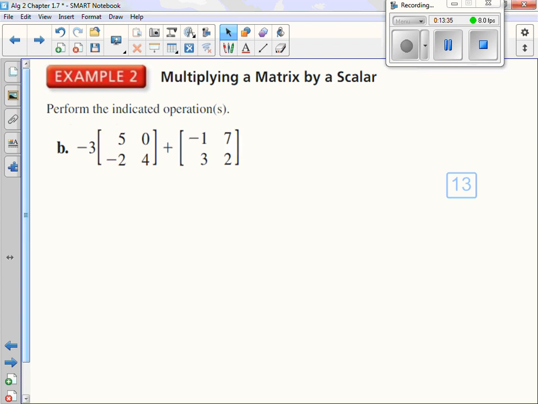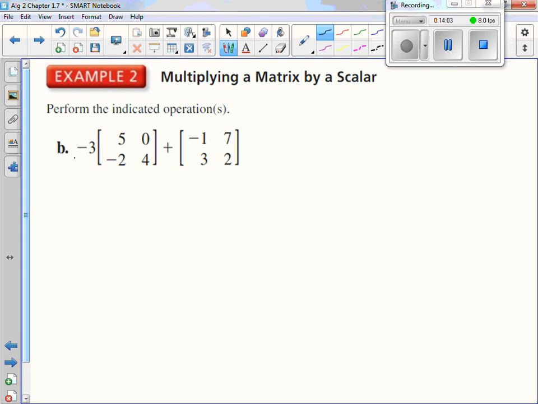Let's look at the next one. Now, I feel like y'all have gotten the scalar multiplications down. It's just pretty much multiplying everything inside by that number. But now we can do a combination of scalar multiplication and addition or subtraction. Whenever we combine these, we do the scalar multiplication first and then add or subtract.